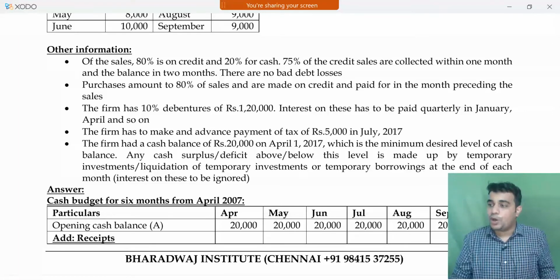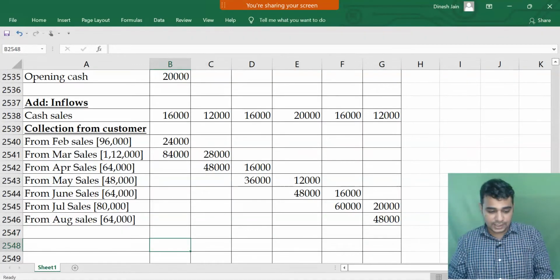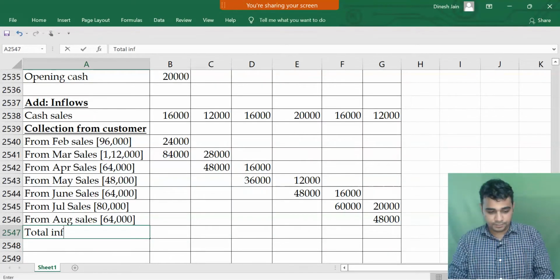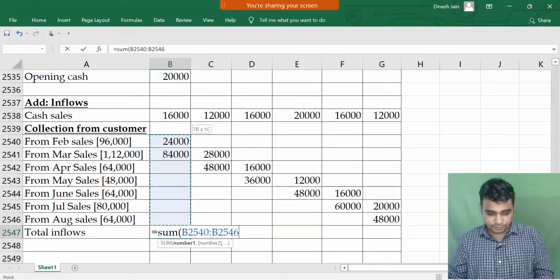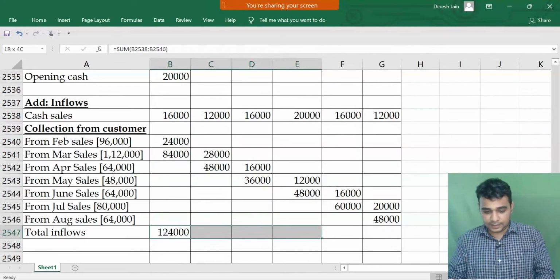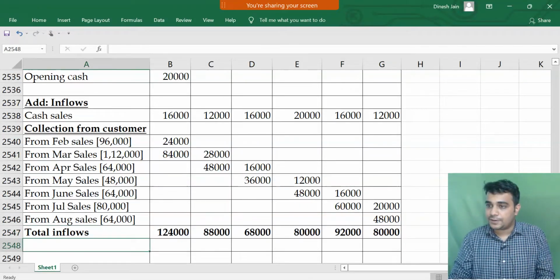So I may borrow money, that could be an inflow, but that will come later. As of now, I cannot write. So these are my total inflows: cash sales and collection from customer.